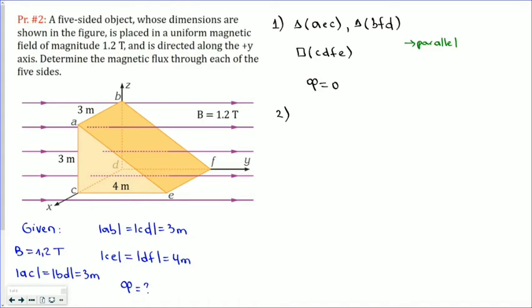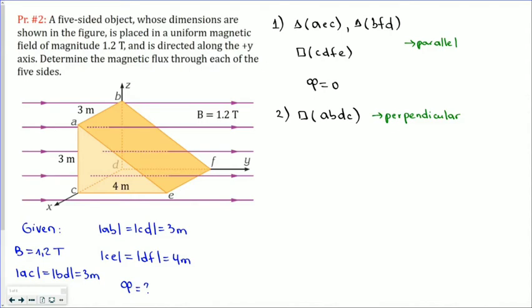And in the second section of this problem, I will look at the surface which is perpendicular to the magnetic field lines. So I have one surface only. This is parallelogram ABDC. And this side is perpendicular to the magnetic field lines.